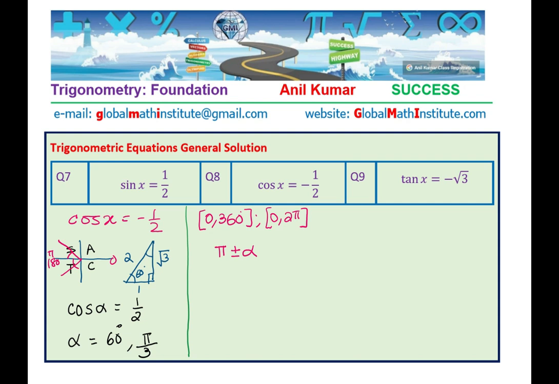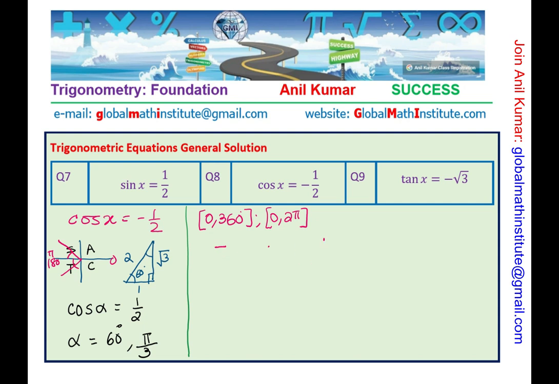So in this case, we write 180 plus or minus 60 degrees, correct? So in general, that is the value which you are getting. In this particular case, let me just calculate this and figure it out.